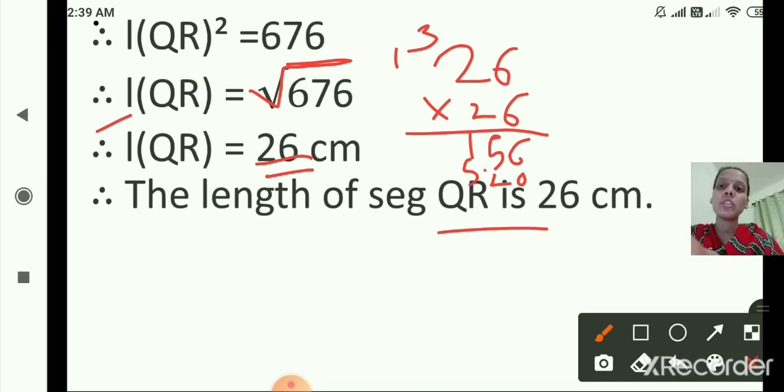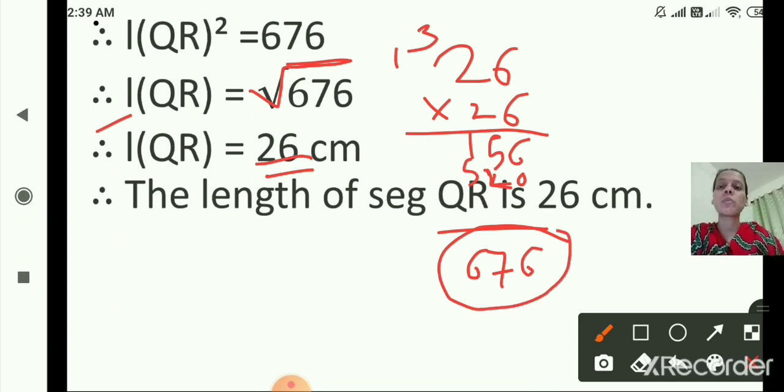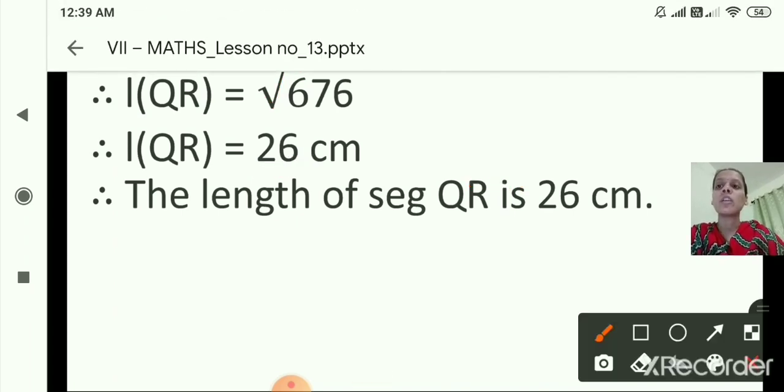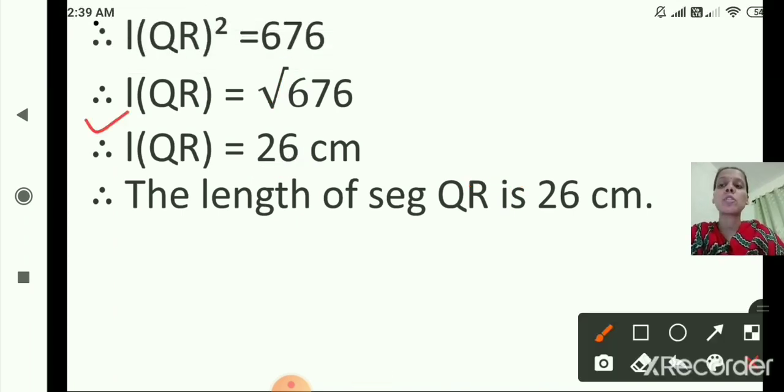Now do the addition. 6 plus 0, 6; 5 plus 2, 7; and 5 plus 1, 6. See here, 676. So the square root of 676 is 26 centimeters. So length of QR is equal to 26 centimeters.